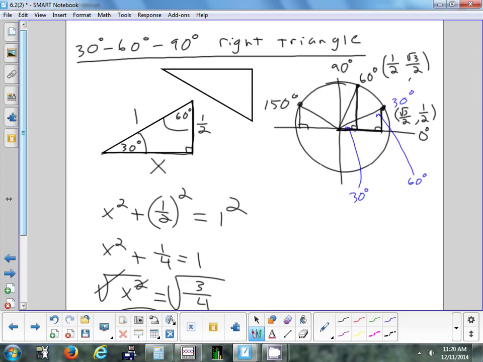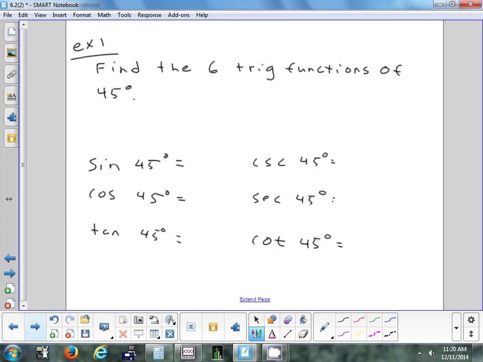So just think about what would happen to your x and your y if you flip it into quadrant 2, or quadrant 3, or quadrant 4. It's all reflections and symmetry. Right? So some things just become negative and some stay positive. Depends on the quadrant. But we'll look at that when we get to it.